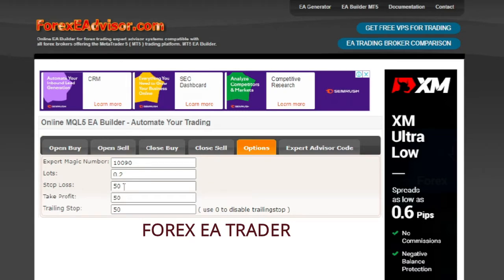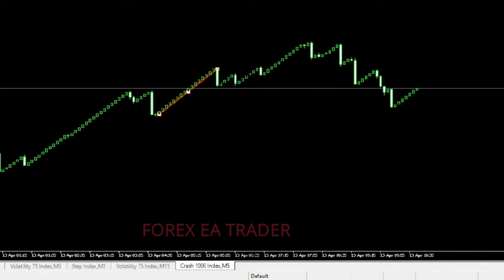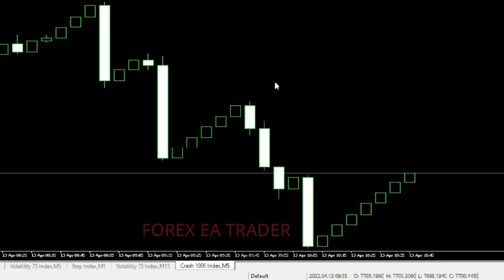Stop loss, you are then going to find out the stop loss in terms of points, or if you want, you might actually leave it as a 0. But importantly, on take profit, let me zoom in a bit so that you can see.